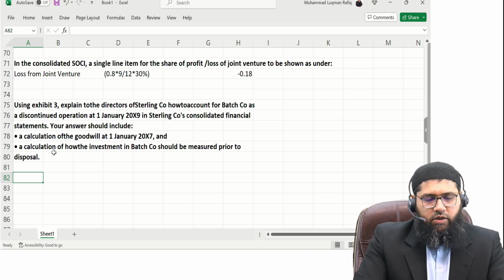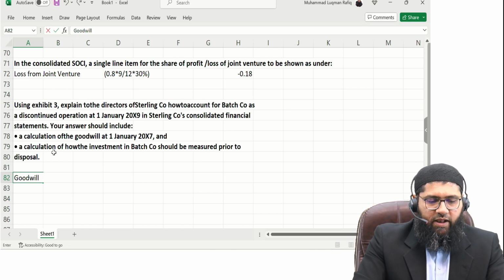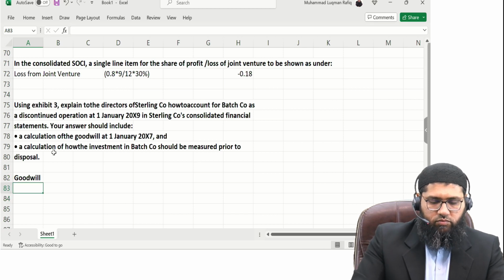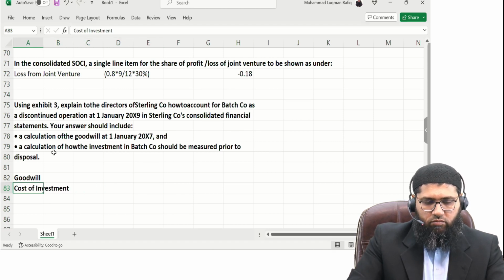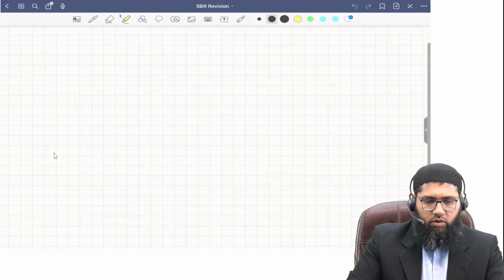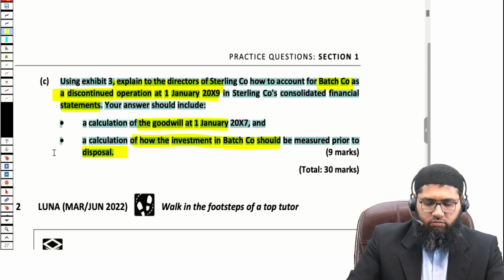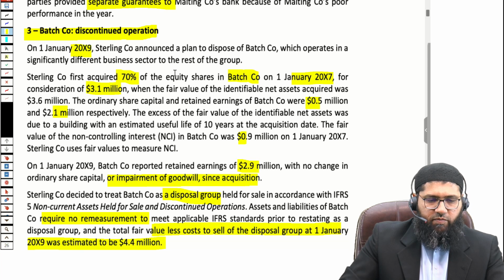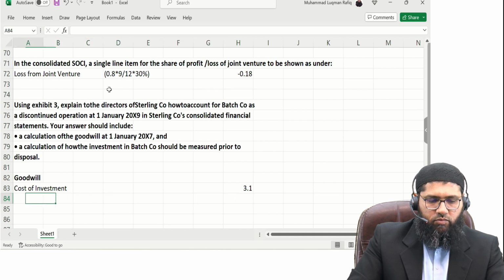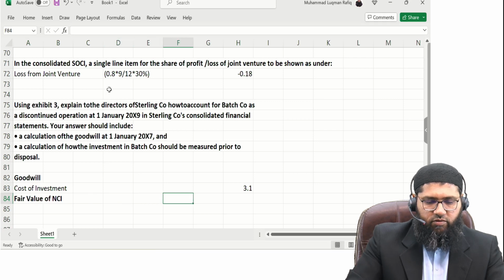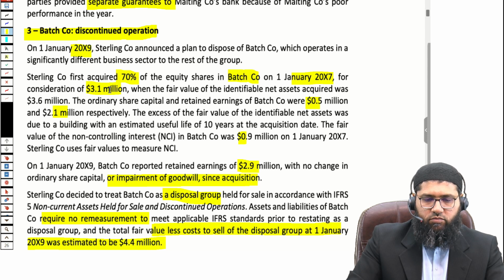Now see, so basically the first thing is to calculate the goodwill. The cost of investment is basically 3.1 million. Fair value of non-controlling interest is 0.9 million.